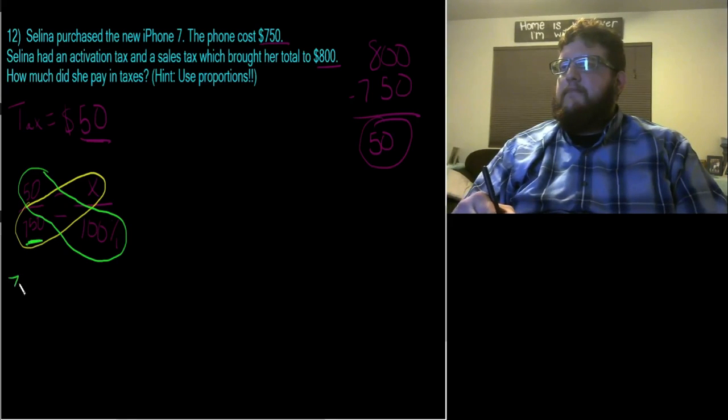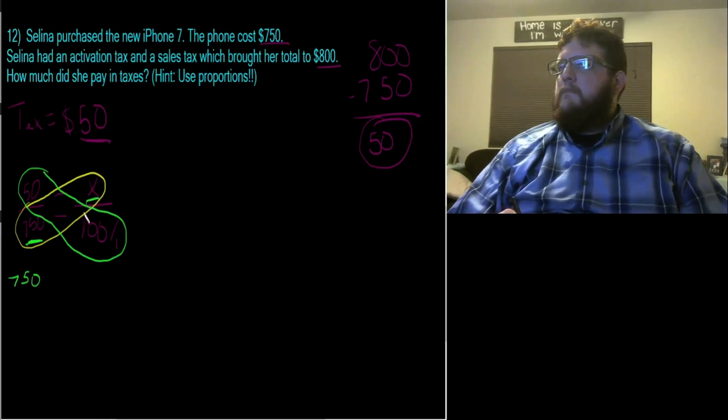Now we can take these two butterfly wings, take the products of them, and set them equal to each other. The first one is 750 times x. The second is 50 times 100. And we'll set them equal to each other.